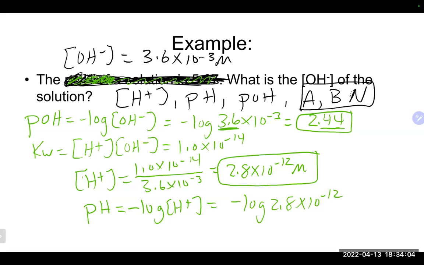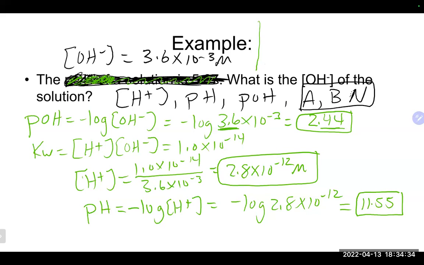And that will get you like an 11.55 here. Now, in this particular case, based on my choice and some rounding, I actually don't get 14 when I add both of those numbers together, the pOH and the pH, and that's just because of some rounding, but it's pretty close.